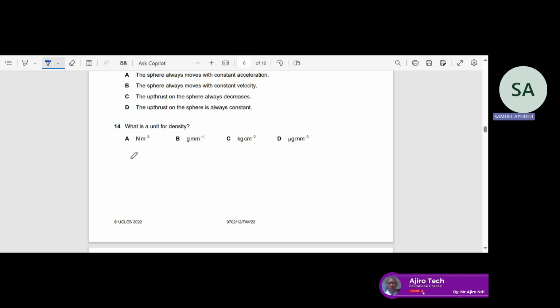Density equals kilogram per meter cube. So density will give you mass over volume. This will be the unit now. So which one will give you this? Maybe try this and see.